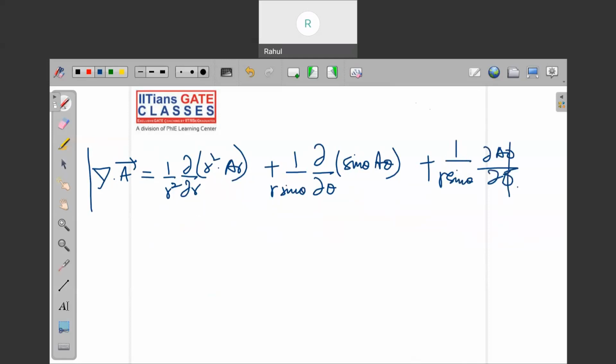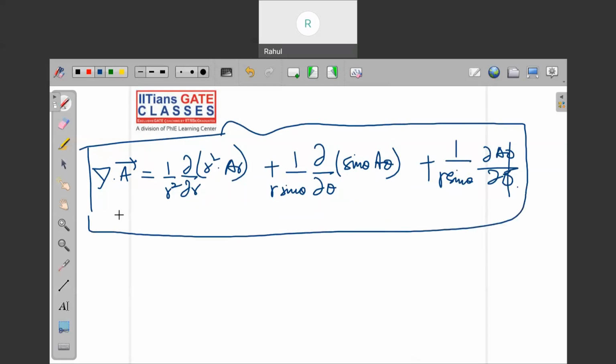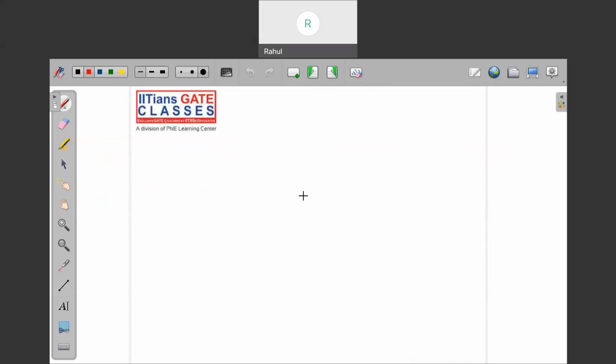So this is how we keep everything in mind. How I'm using it: this is the r component, multiply with r square and divide; this is divided with sine theta. This is how we keep the differential operator in mind for the examination.